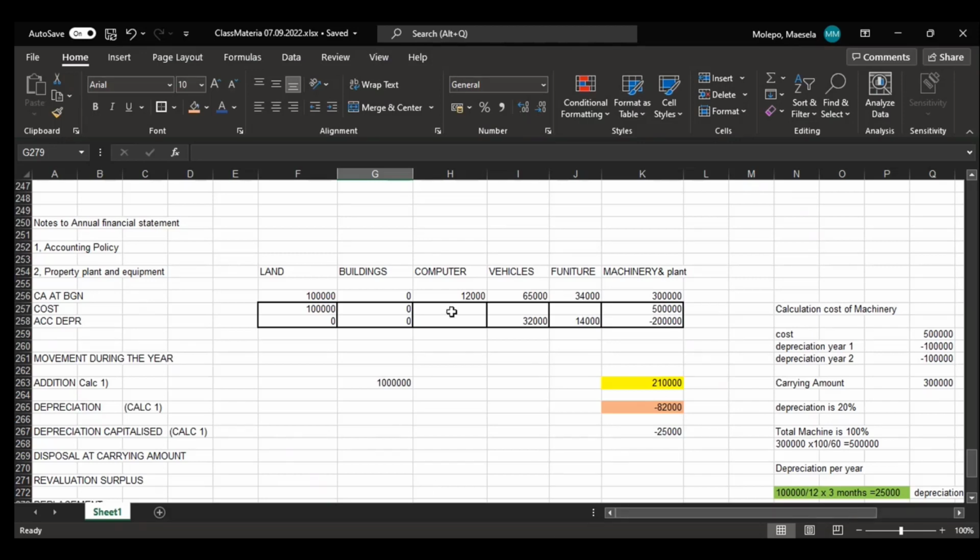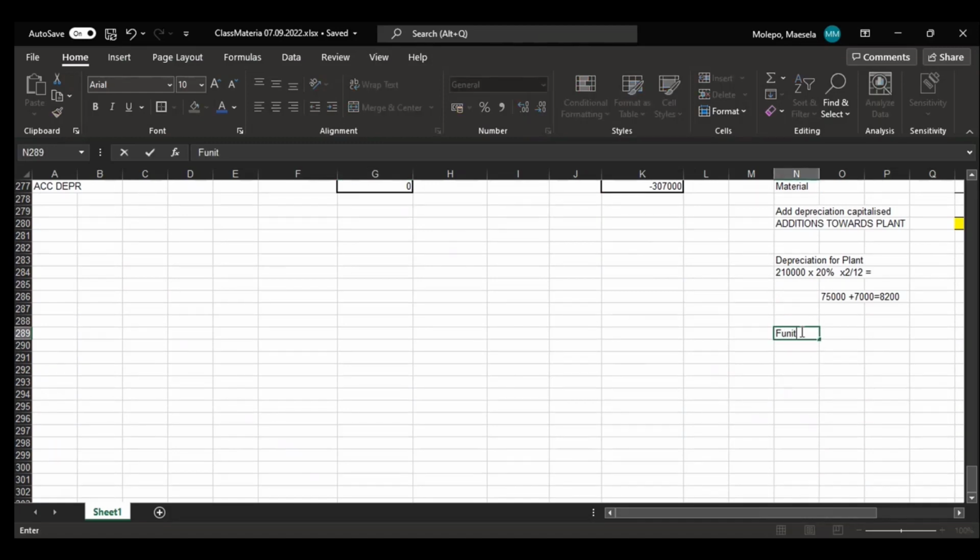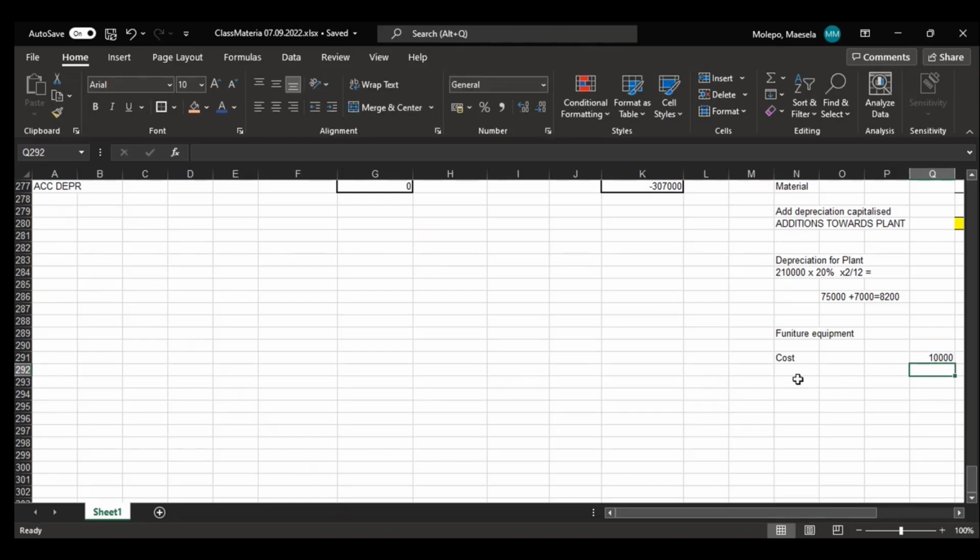So now let's calculate depreciation of the furniture and equipment. I'm going to be faster, okay? So its cost is how much? It's 10. And then it's accumulated depreciation. It's 6.